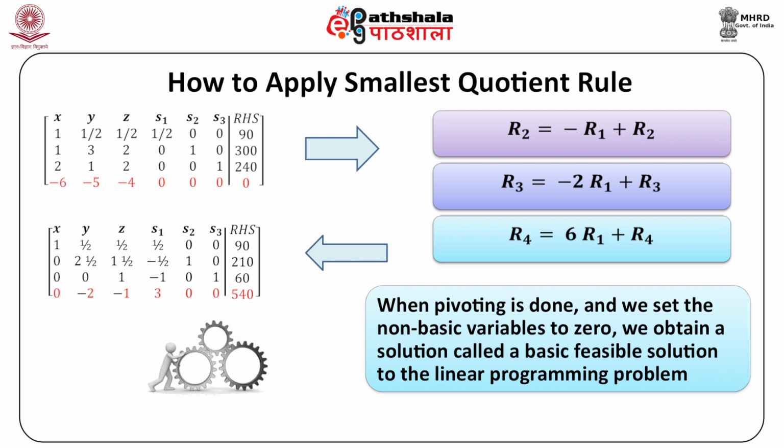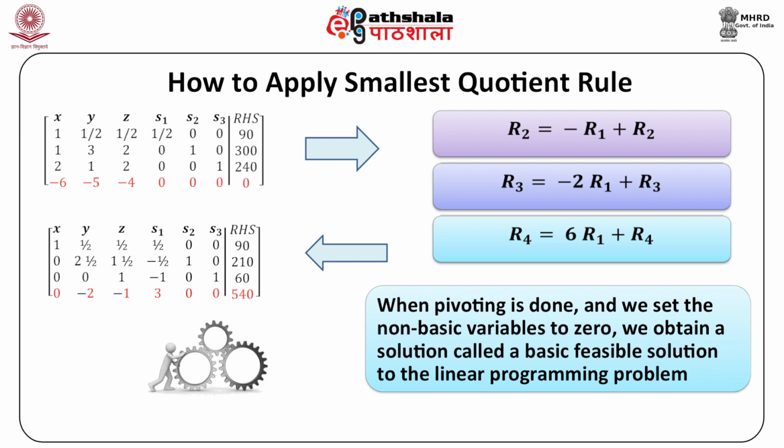When pivoting is done and we set the non-basic variables to 0, we obtain a solution called the basic feasible solution to the linear programming problem. The basic feasible solution from the tableau is x is equal to 90, s2 is equal to 210, s3 is equal to 60 and y is equal to 0, z is equal to 0, s1 is equal to 0 and p is equal to 540.